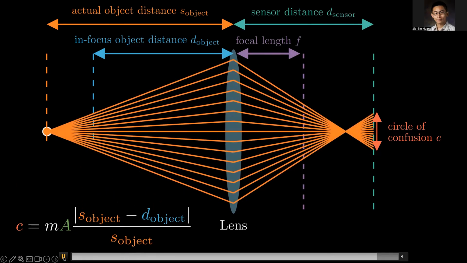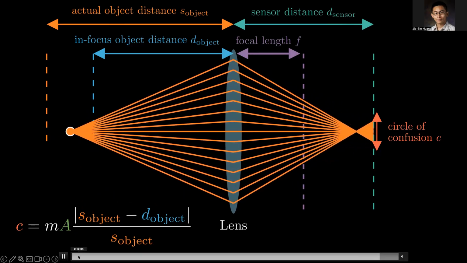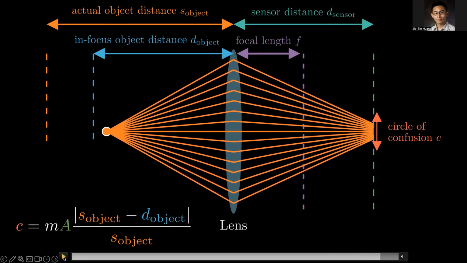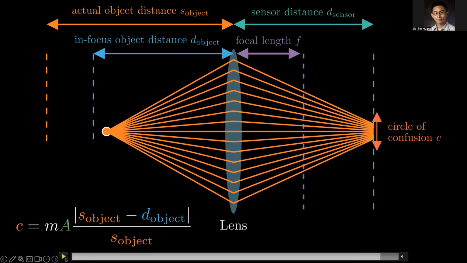What you can see now is that when you capture a photo, you focus on some object, and if an object deviates from the focus plane, you will get something blurry. How blurry it is can be predicted by this.